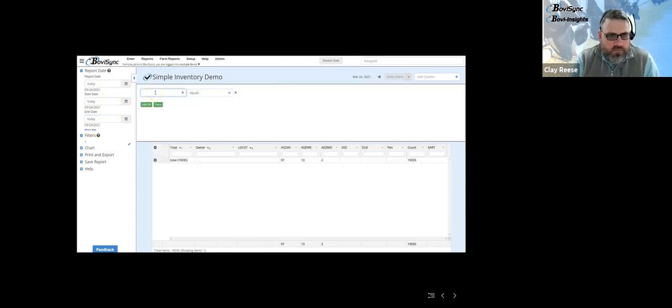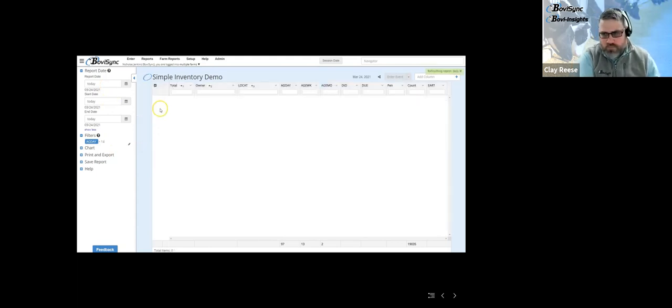We also have the ability to enter filters, which can correspond to any of the items that relate to that animal. So for instance, if we just wanted to see animals that were less than or equal to 14 days of age, we could add a filter like that, and now our report will only show the animals that meet that criteria.